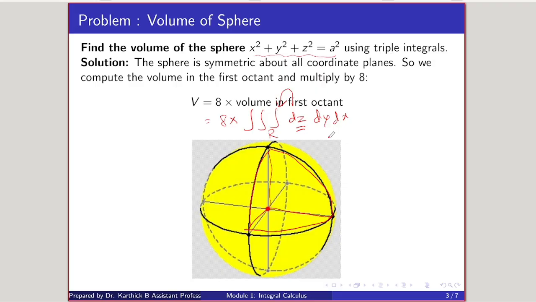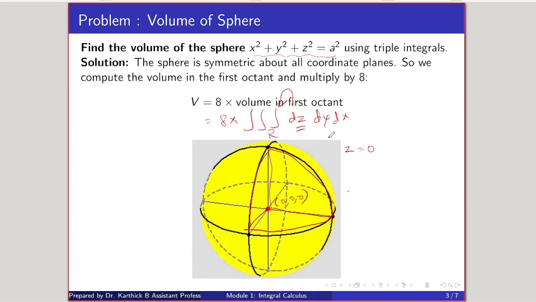This point will be 0, 0, 0. So every variable starts with the origin 0, 0, 0. Simply every lower limit will be 0.